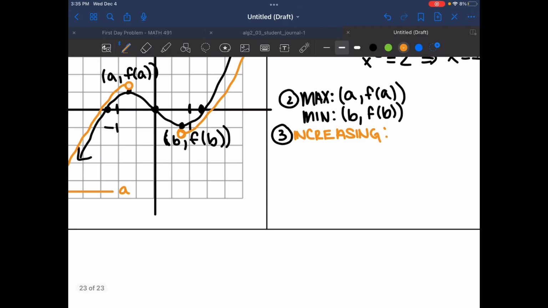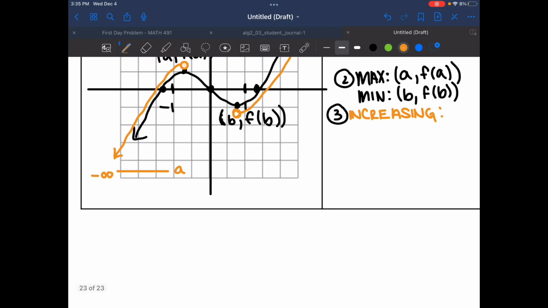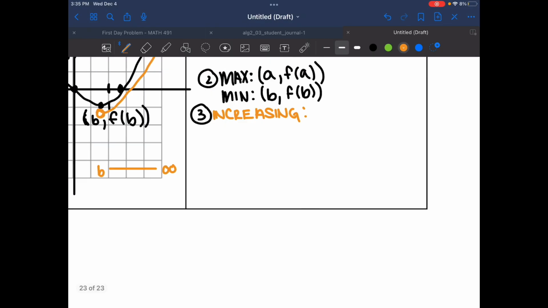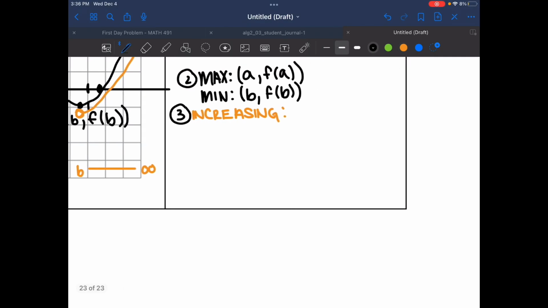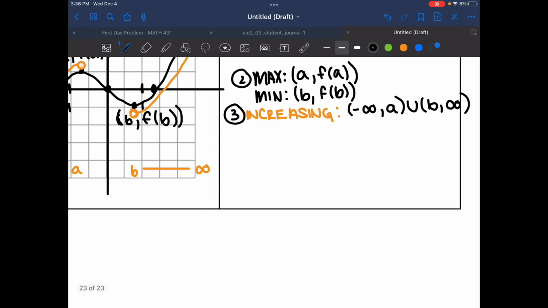And then I go back to an increasing value for a really, really, really long time, right? Think of it like money. You want upward trends or positive slopes, right? So I'm increasing from b to positive infinity. So let's write that one down, okay? That is going to be negative infinity to a, open brackets for all of them, union b to positive infinity.